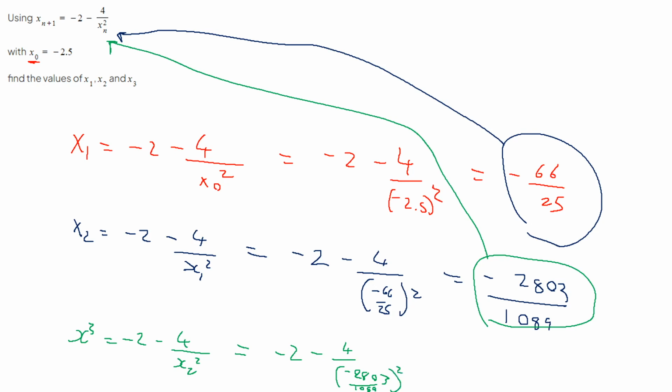Excuse me for using all the page. Which is equal to minus 2.6038. I'll put it into 5 significant figures just because in an iteration, very minuscule answers can change.